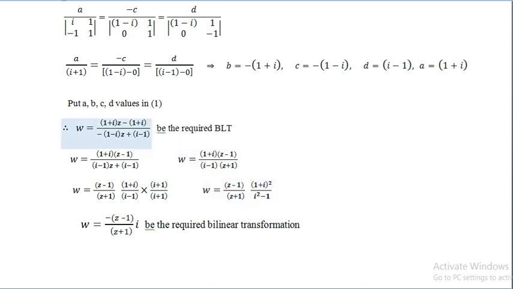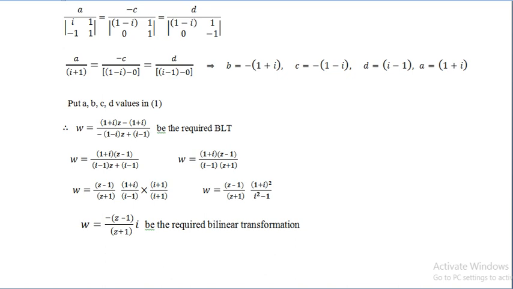So (1 plus i)z minus (1 plus i), divided by (1 minus i) minus 1. So if you take 1 plus i in numerator and i minus 1 in denominator, it becomes (1 plus i)(z minus 1) divided by (i minus 1)(z plus 1). So in complex numbers we know that if the denominator is i minus 1, we multiply by the opposite sign of the denominator. So z minus 1, z plus 1, 1 plus i, minus 1.